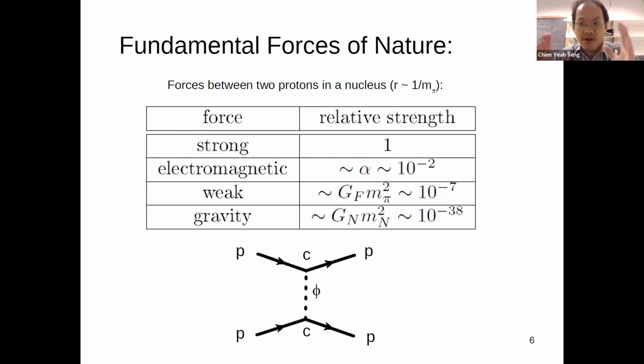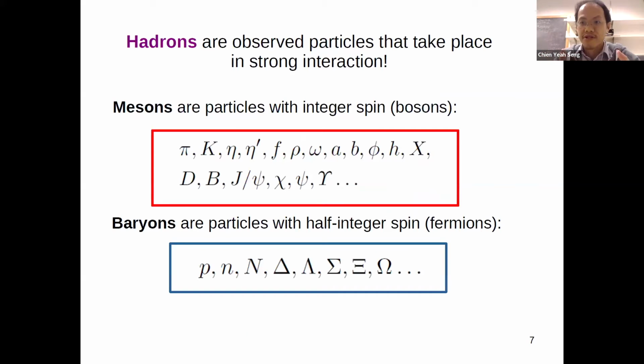So today we are talking mainly about the strong force that binds protons and neutrons to form nuclei. To introduce the term, we call the observed particles that take part in the strong interactions hadrons.